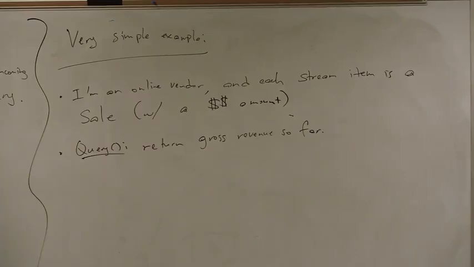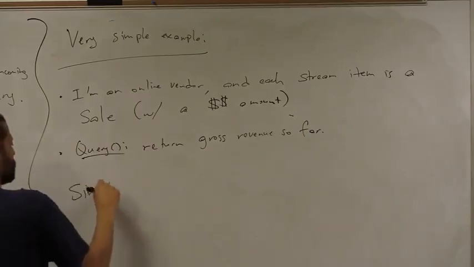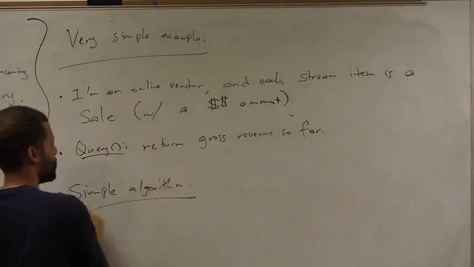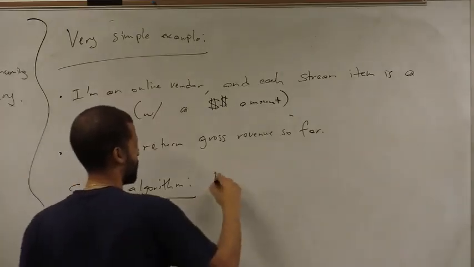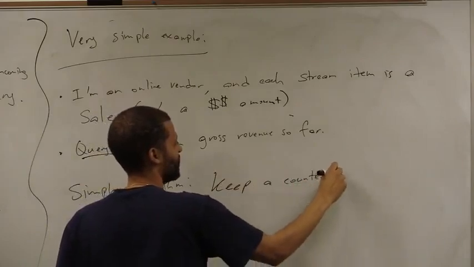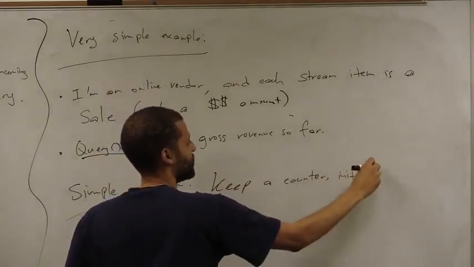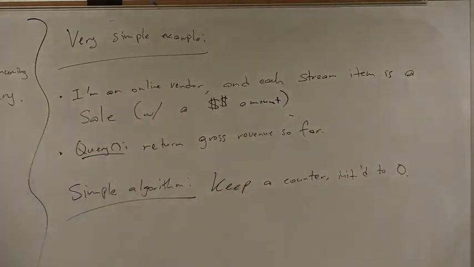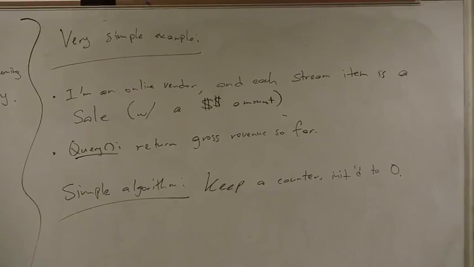That's very simple. Here's a simple algorithm or simple data structure. Just keep a counter initialized to 0. At the beginning of the day, my gross revenue is 0. I haven't sold anything yet. Every time there's a sale, I just look at the sale price and add that into the counter.